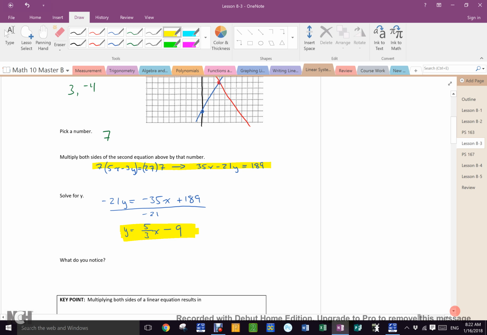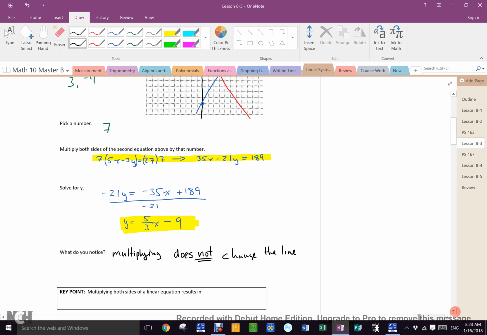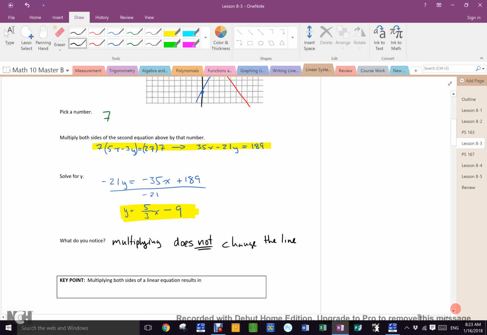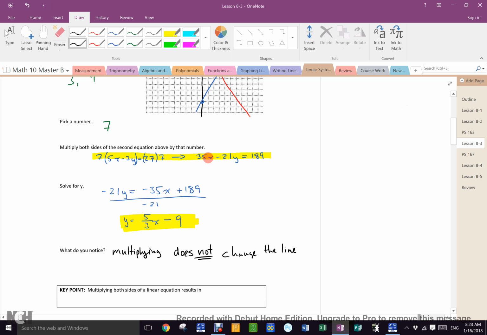I multiplied both sides by the same number, and I got the same equation, didn't I? Okay. So now, what does that mean for us?